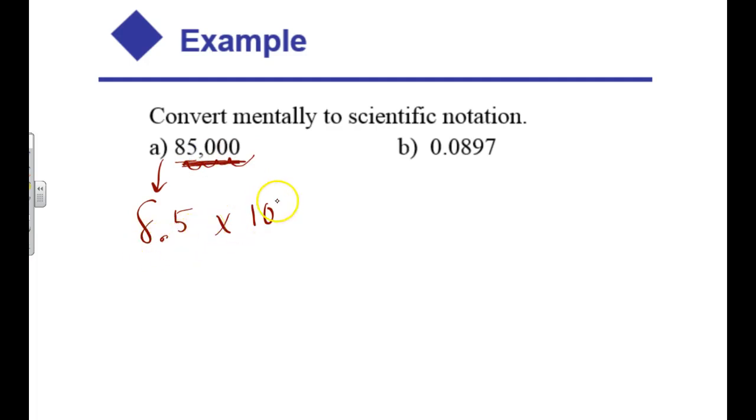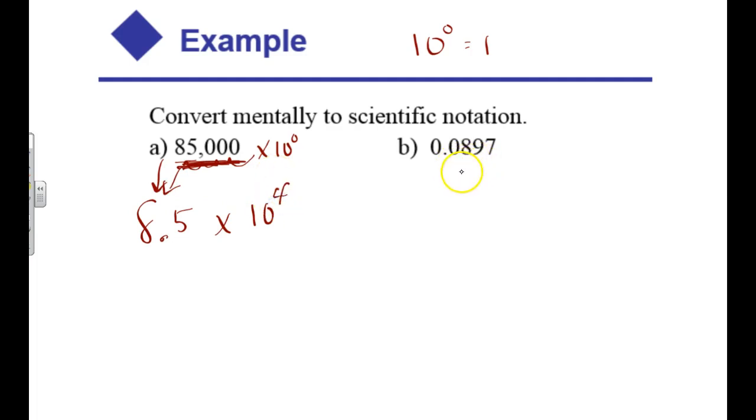So if the number gets smaller, then the exponent gets larger. And the exponent was a 0 because 10 to the 0 is equal to 1. So I was really just multiplying by 1. So the rule says if the number gets smaller, then this exponent gets larger. So I'm going to use a positive number here.